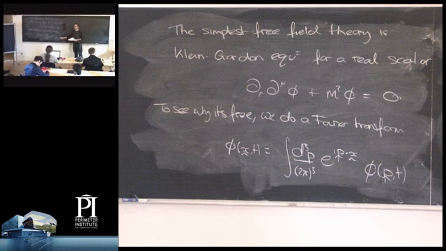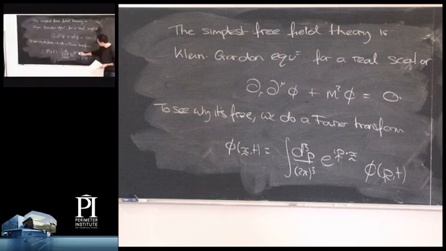Yes, but just what's p? Is it the momentum? Is it the conserved momentum of the field? We're doing a Fourier transform with respect to x. So you could think of p just as what you need to do the Fourier transform with respect to x. It's not pi.